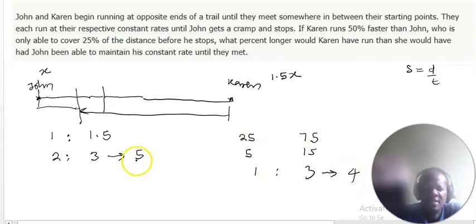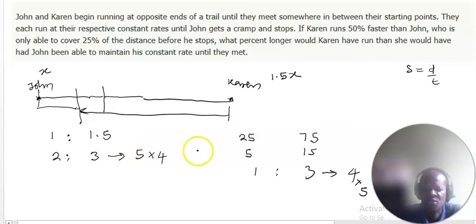The ratio of their distance, if John did not have a cramp, will have a sum of 5. So since we are talking about distance, we multiply this by 4 and multiply this by 5 to have the same value. That means you are looking for the LCM of 5 and 4. The reason is because we are talking about the same distance.